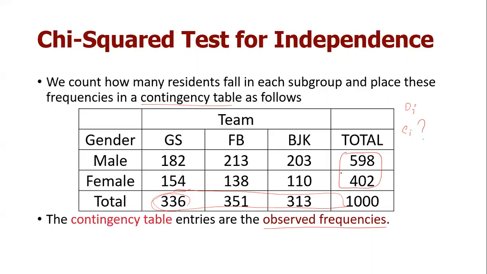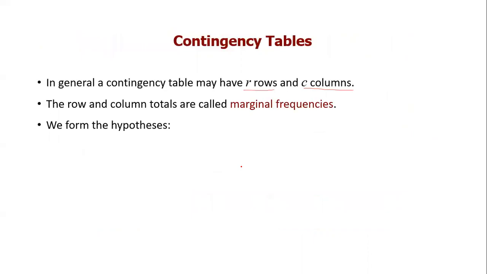Remember, when we studied joint probability distributions in the probability class, we looked at the joint probability distribution table to see whether two random variables are independent or not.